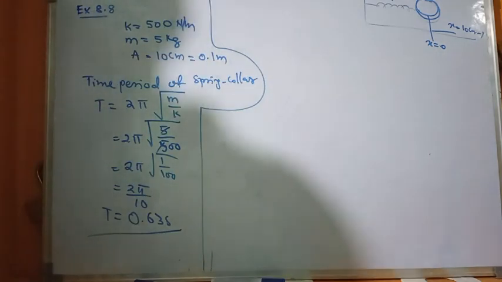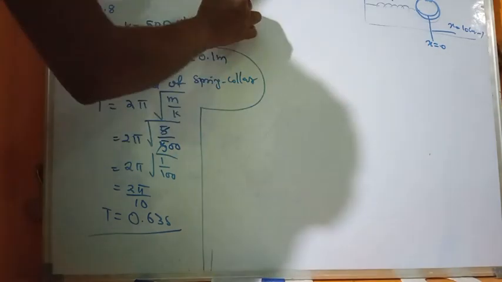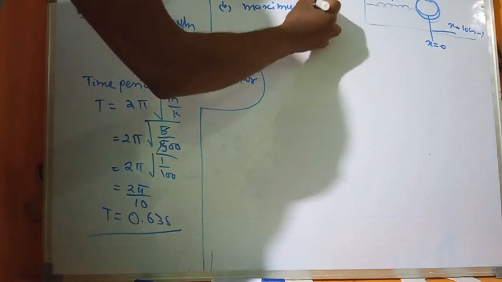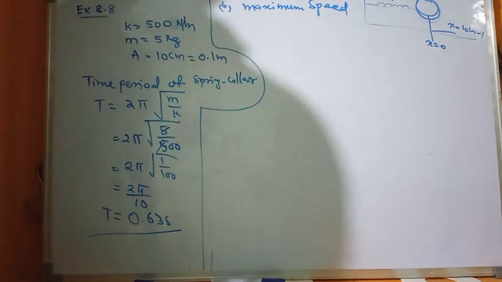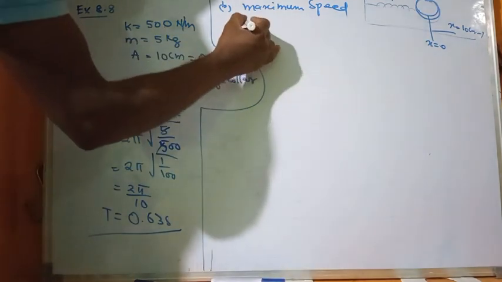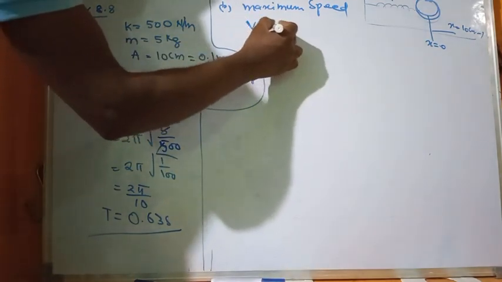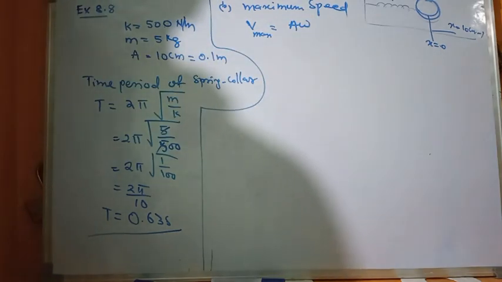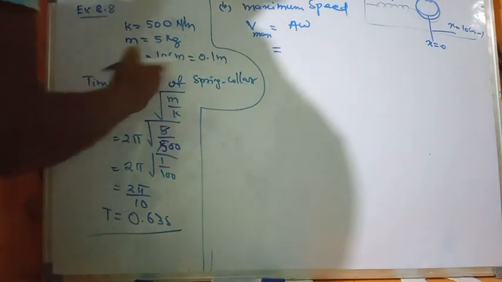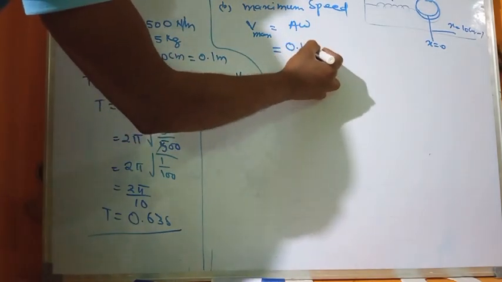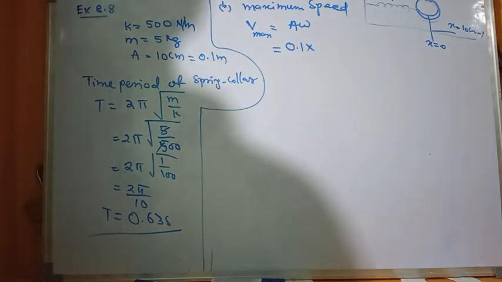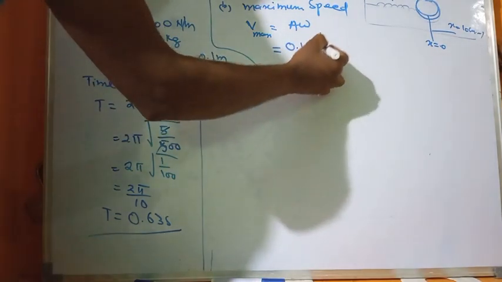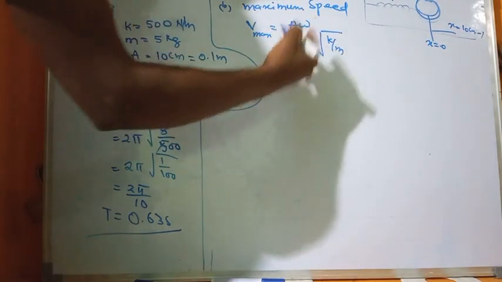Then find out the maximum speed. In simple harmonic motion, the maximum speed V max is equal to A omega. Here A is 0.1 into omega. Omega is equal to under the root of k by m, according to the formula.